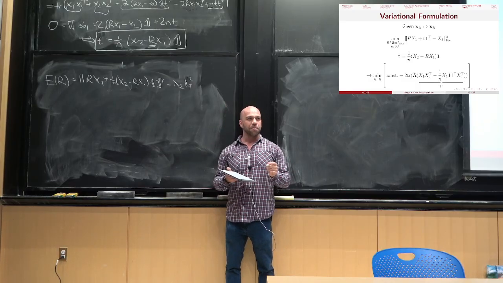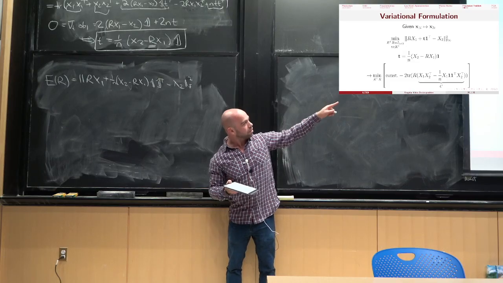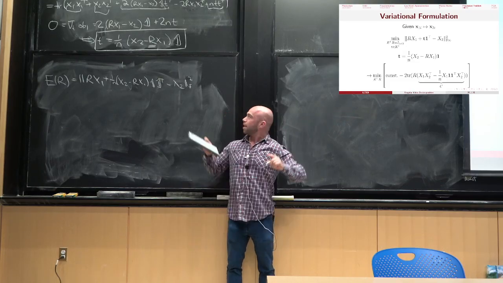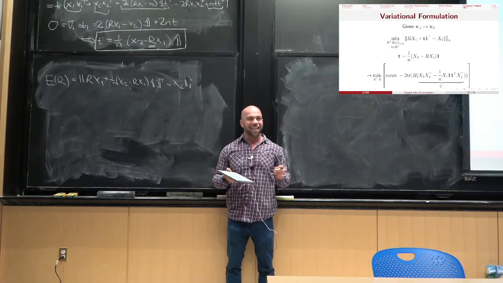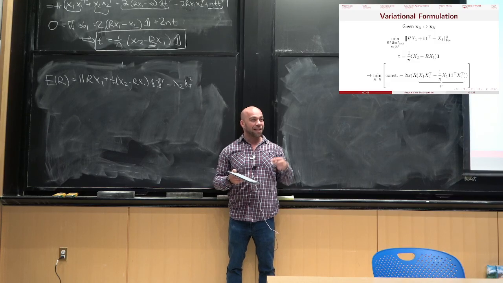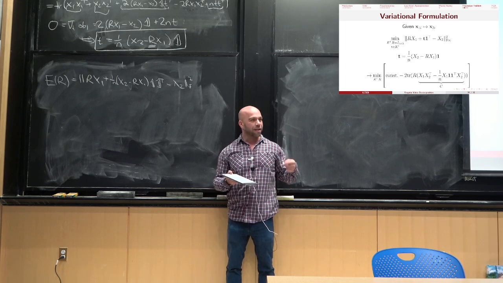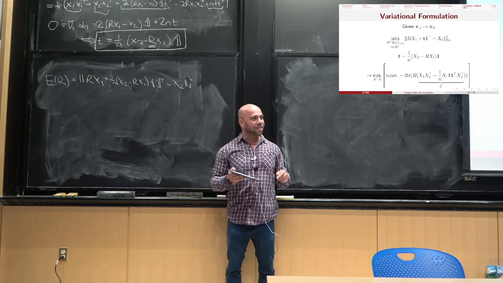I see some furrowed eyebrows. You see that I just took the objective function at the top of the slide and plugged in our expression for t, and then I probably made a mistake somewhere copying. That's maybe why you suddenly look confused. I rely on your eyebrows as my compiler as I teach.